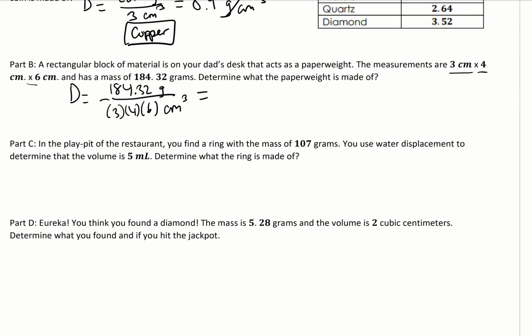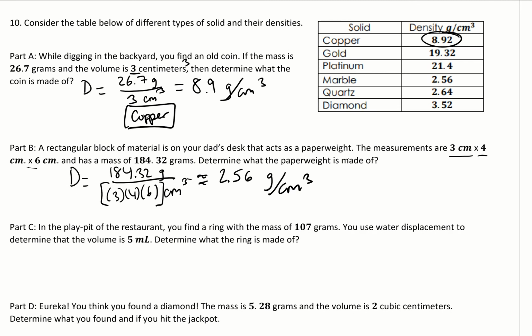Again, when you do this, put this in parentheses or something like that, or just calculate it on your own separately. We get approximately 2.56 grams per centimeter cubed. So there's our density of that block, and that seems to be about the consistency of quartz. So it's made out of quartz.